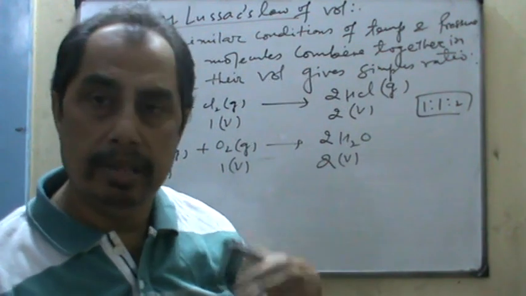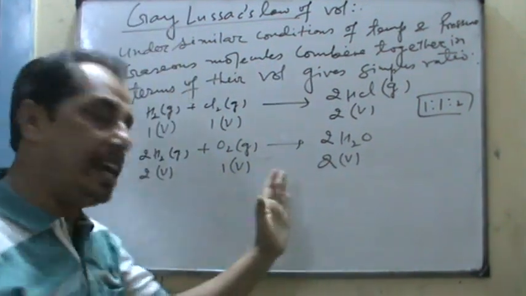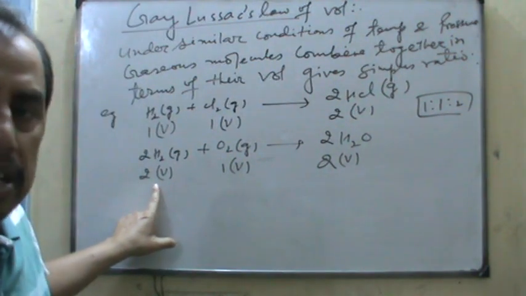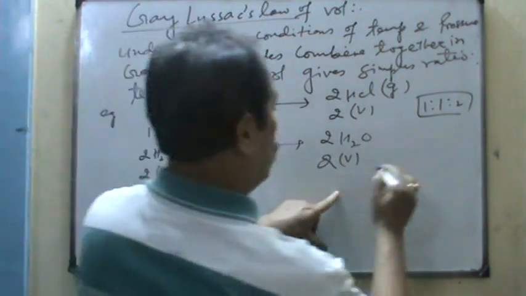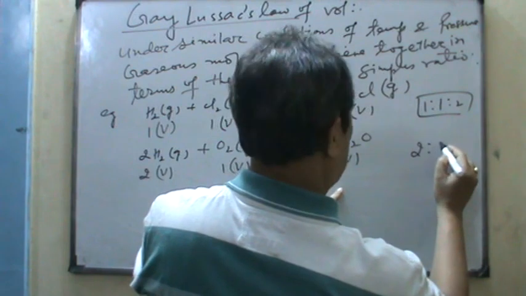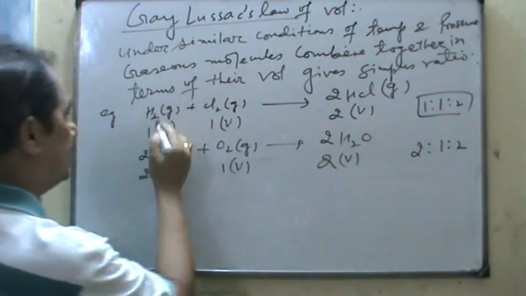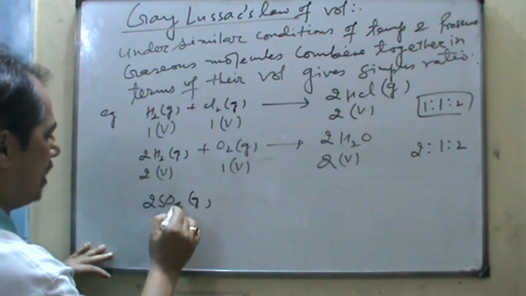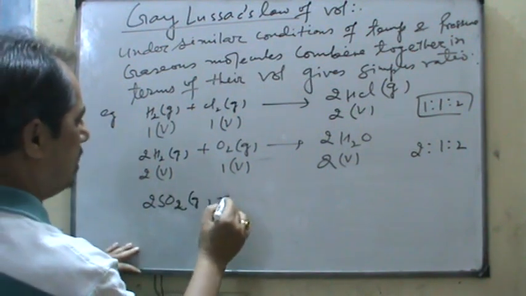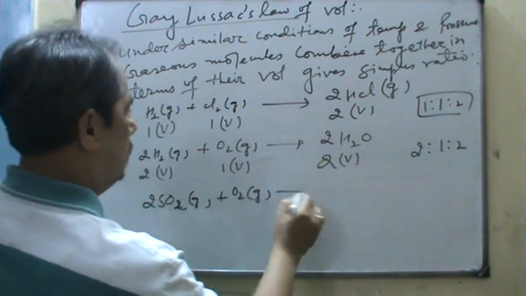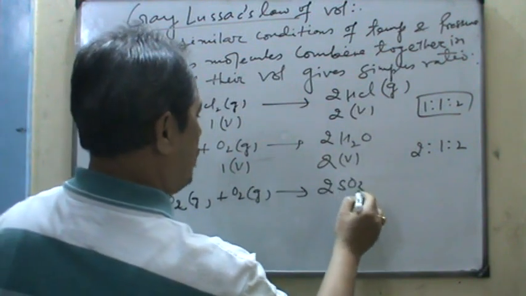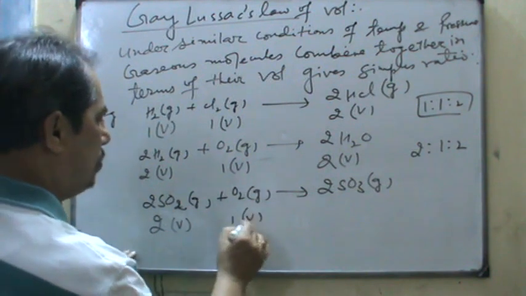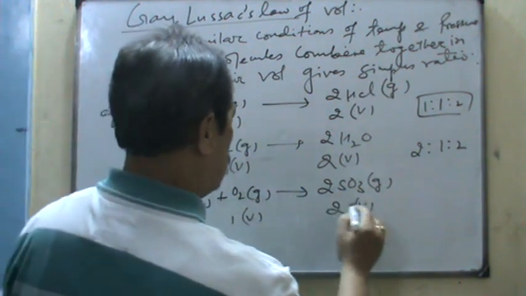So what is that ratio from the reactants to the products, dear students, just to see the stoichiometry in terms of volume? 2:1:2. Another example: 2SO2, sulfur dioxide, plus O2 produces 2 times sulfur trioxide, 2 volume, 1 volume and 2 volume.